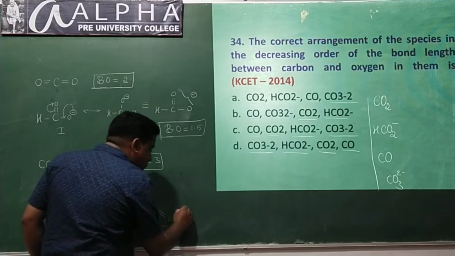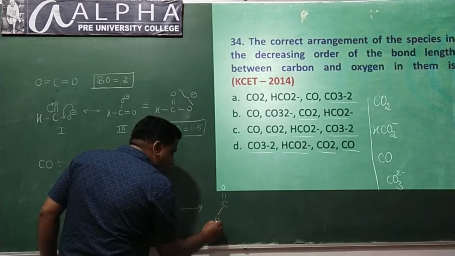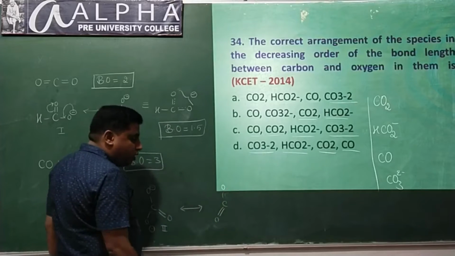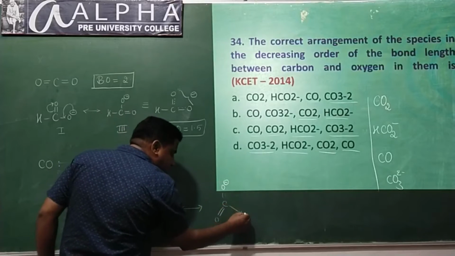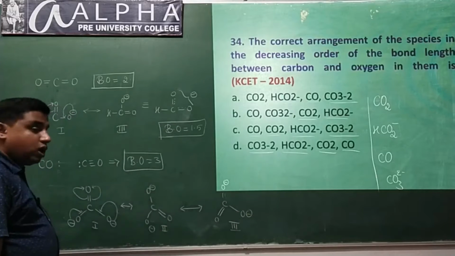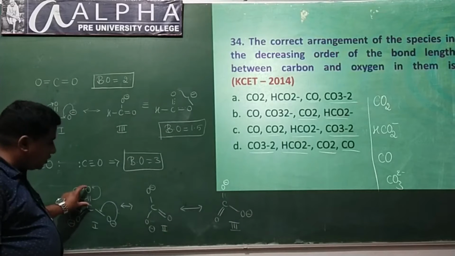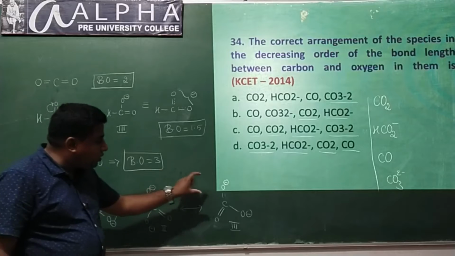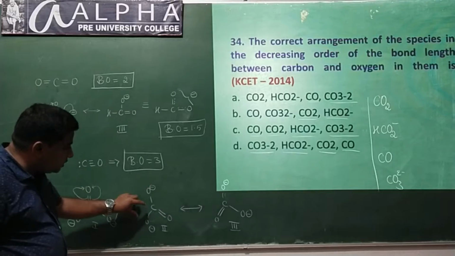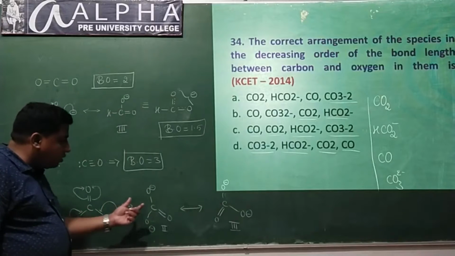Therefore one more possibility is C double bond O. This oxygen gets a double bond now, and the other two oxygens get negative charge. So this is the third resonating structure. Now look here: one time this carbon and oxygen has a double bond, the other time a single bond, and so on for each oxygen.